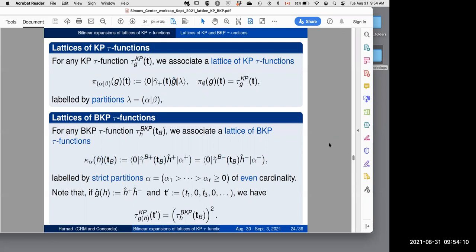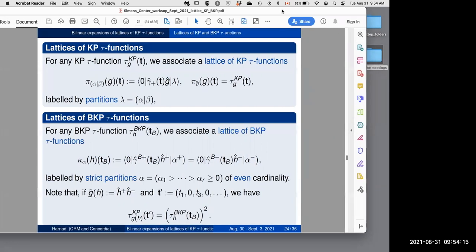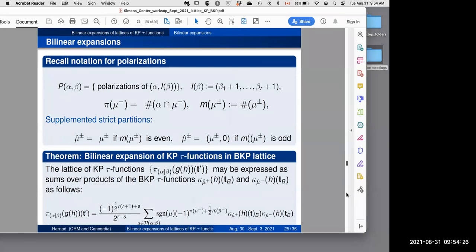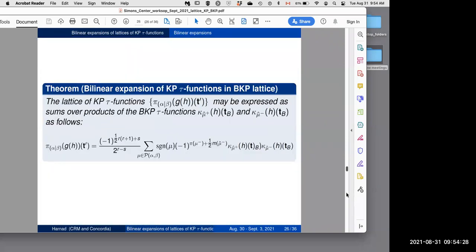That was shown in a different representation by Johan van de Leur and Victor Kac. So we rely on the completeness of their results, but the representation follows from this fermionic calculation. So here's the result.